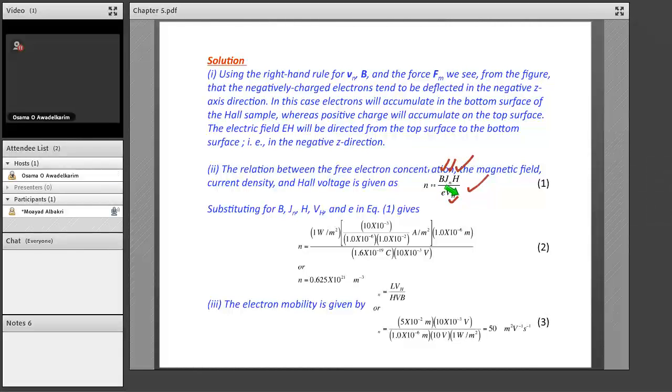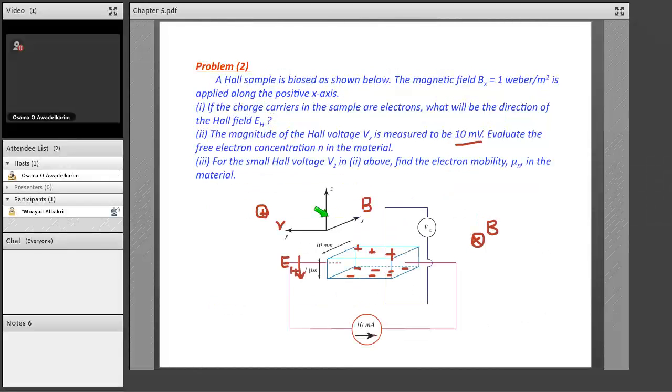So this is B, this is J, the current density, and the current source here is 10 milliamps. And we know the area of this to get J. So we need to have these dimensions.